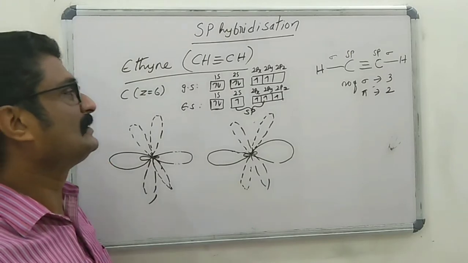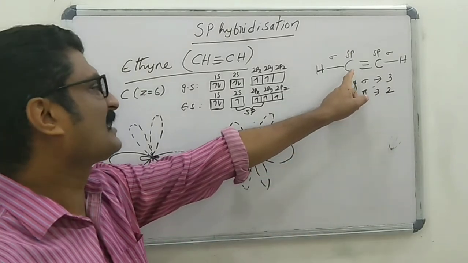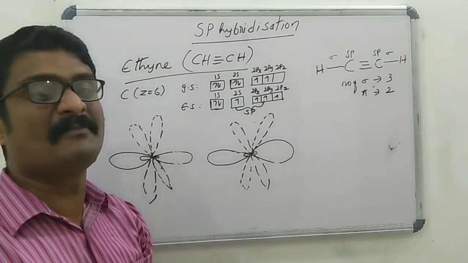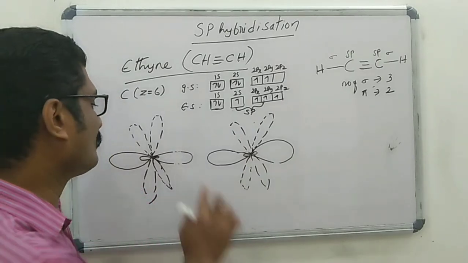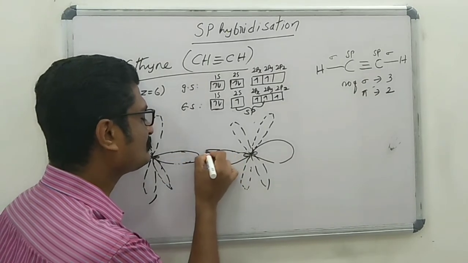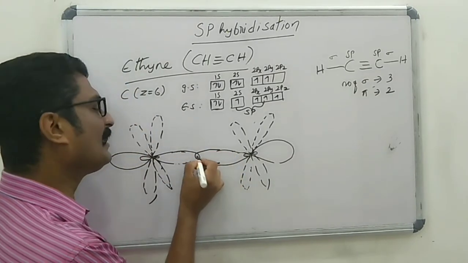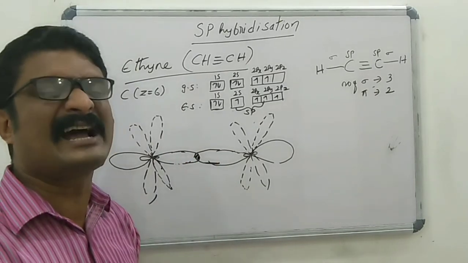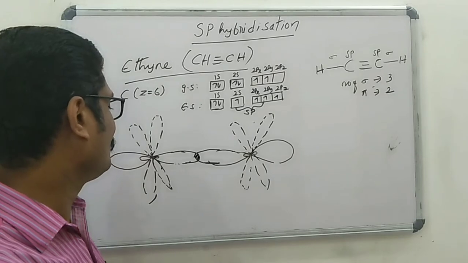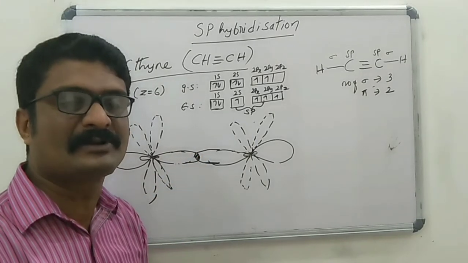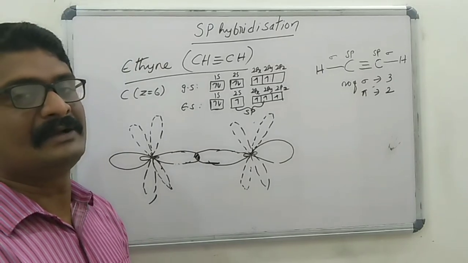Then here, one carbon-carbon sigma bond is formed by the axial overlapping of the sp hybrid orbital of each carbon atom.